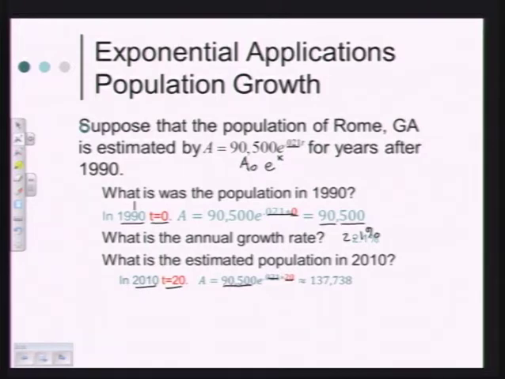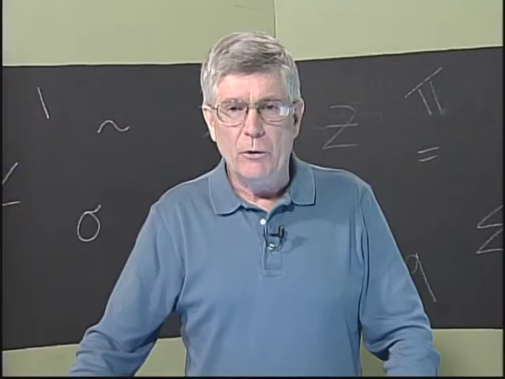And when you put that in your calculator, you'll see that the estimated population for Rome in that time would be 137,738 people.